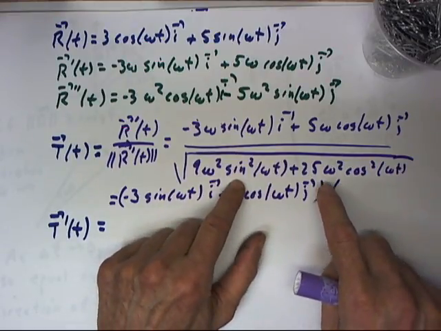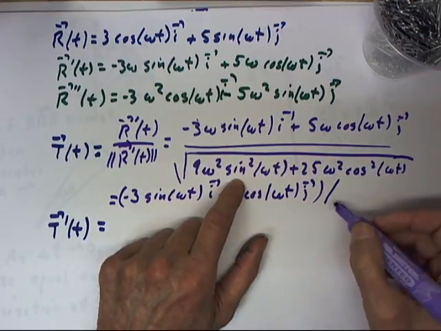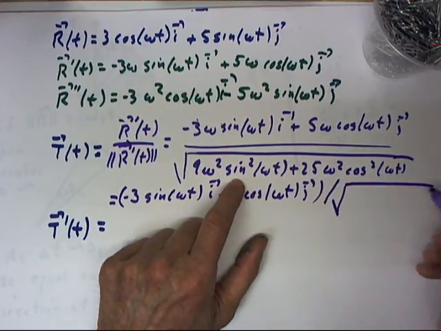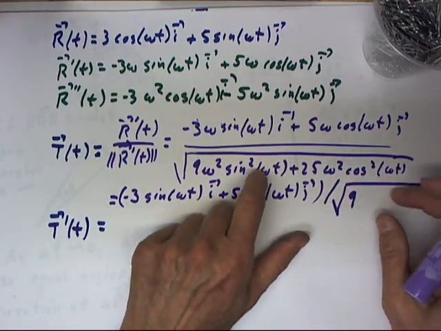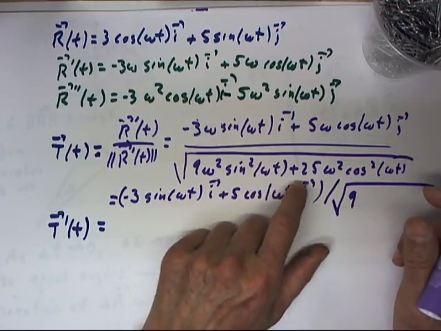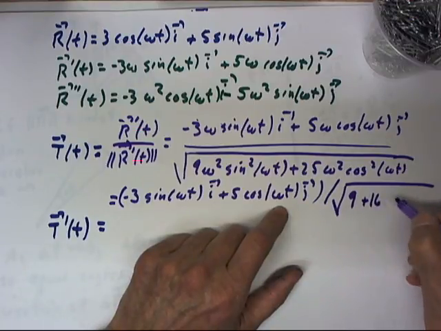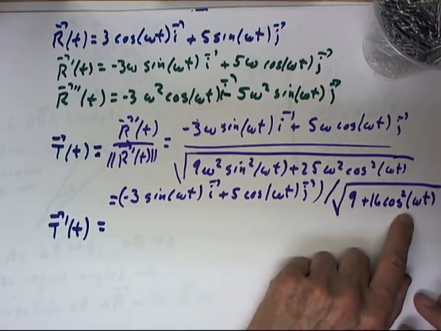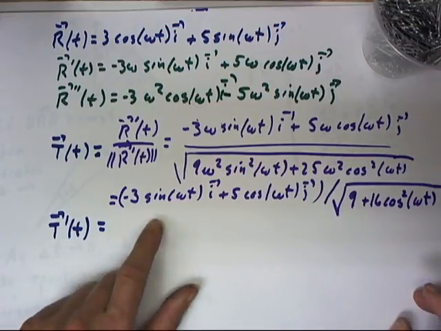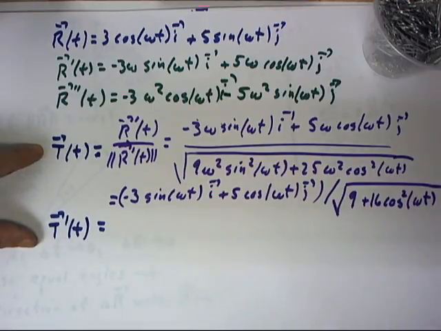The 9 sine squared can be matched with 9 of the cosine squareds and give us just 9 times the quantity sine squared plus cosine squared of omega t, naturally, leaving us 16 of these. So we have 9 plus 16 cosine squared of omega t. It's not necessary to do this simplification, but it's going to make the next step a whole lot easier. And in the next step, we try to find the derivative of that unit tangent vector.